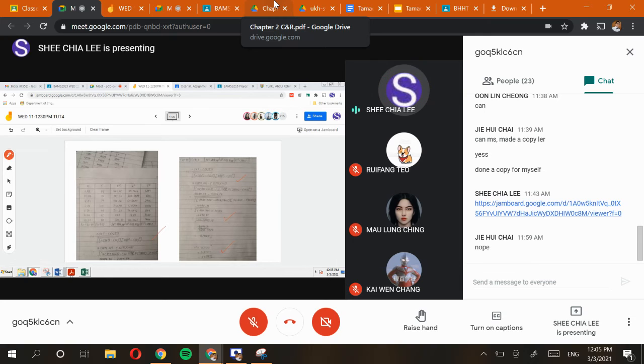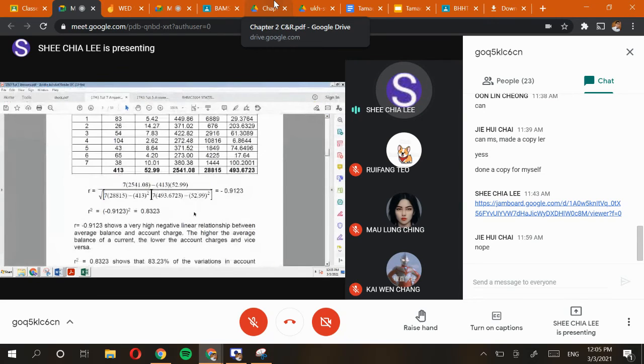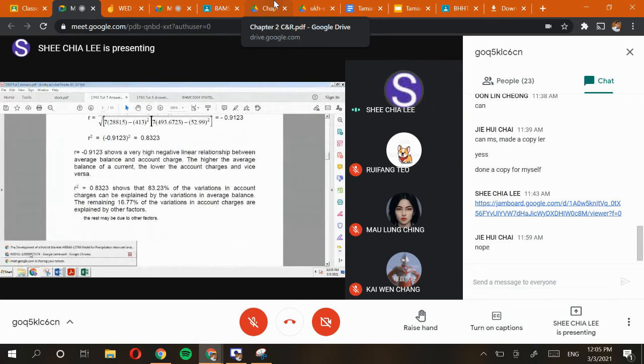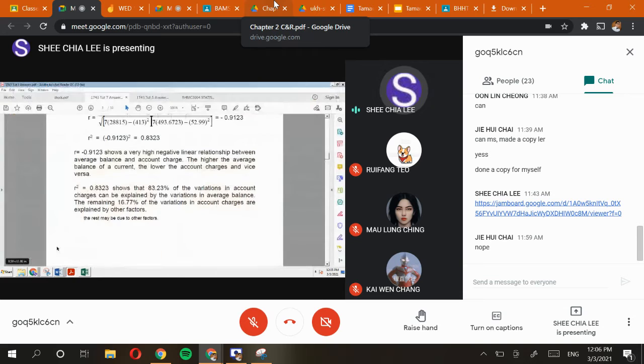For this question, is the answer negative or not? Negative, correct. So you say R equals negative 0.9123 shows a very high negative linear relationship between average balance and account charge.